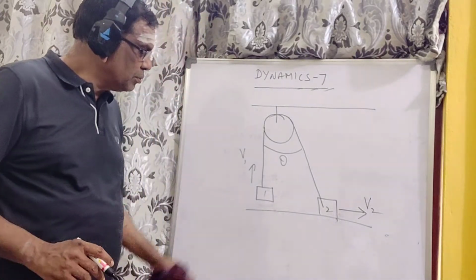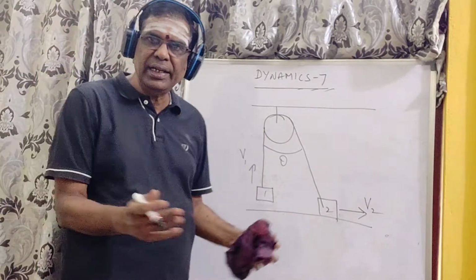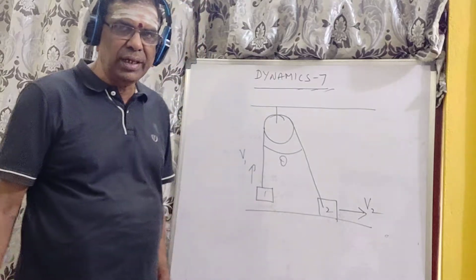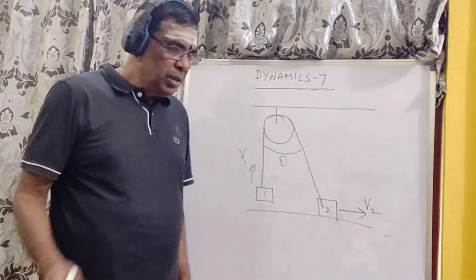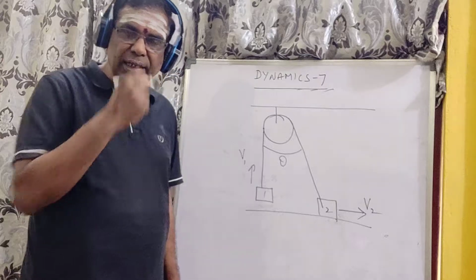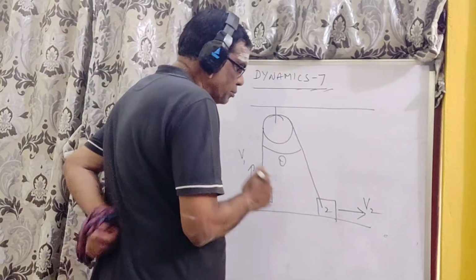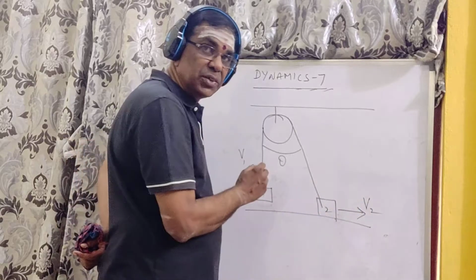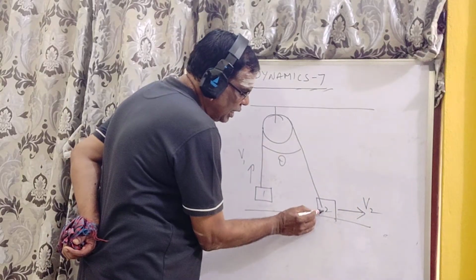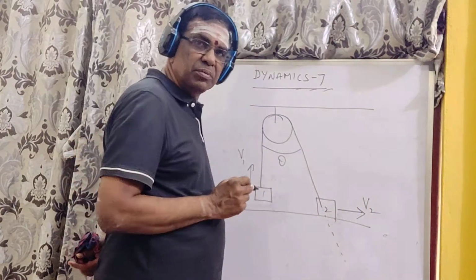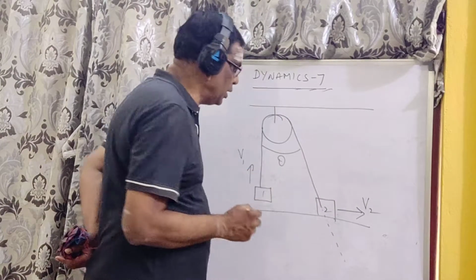Now one thing is, you can take your x, y and then do it in your conventional way. That is one way. You can still use your two-finger technique. How? Now for example, if this is V2, in the direction of the string, what is its component?